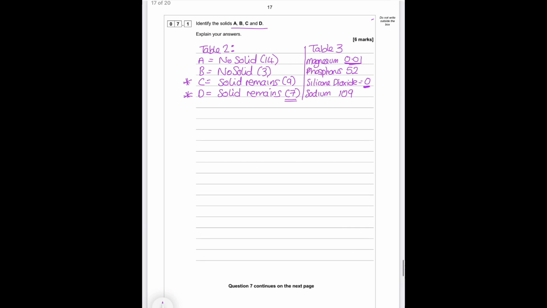If I have silicon dioxide, which has zero solubility, then what that means is that the silicon dioxide has to be D. The reason being, if none of the solid has actually dissolved in the water because the solubility is zero, the liquid left in the beaker is distilled water, which would have the pH of 7.